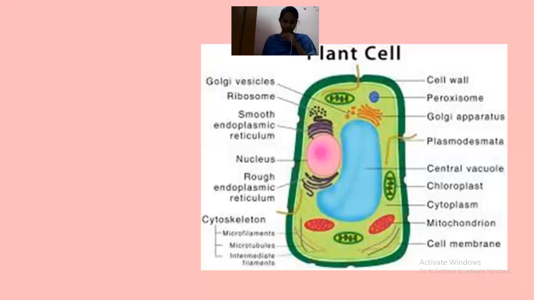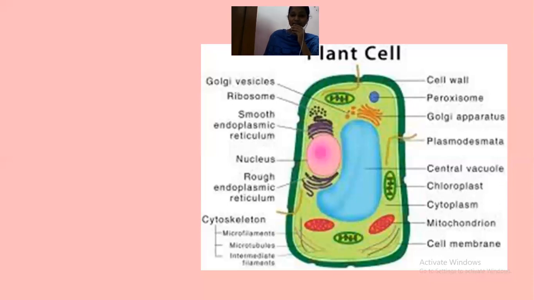So this is about the various cell organelles present in plants and various competitive examination questions. They have scope to be asked in competitive examinations, along with various other names and synonyms for all the cell organelles.